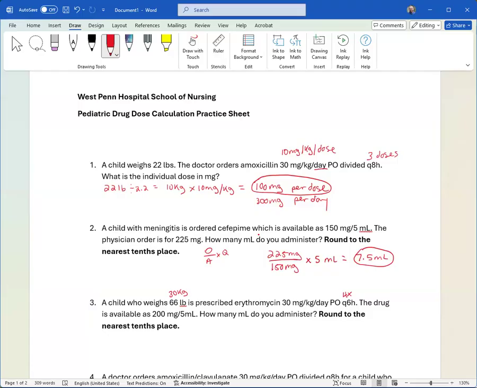Now, this just says to give them 30 milligrams per kilogram per day, and then it says every 4 hours, or I'm sorry, every 6 hours. So again, we're going to do the same thing where I'm going to take that 30, and I'm actually going to divide that dose out to 7.5 milligrams per kilogram per dose. All I did was take the 30 milligrams and divide it by the 4 because I'm giving that 4 times.